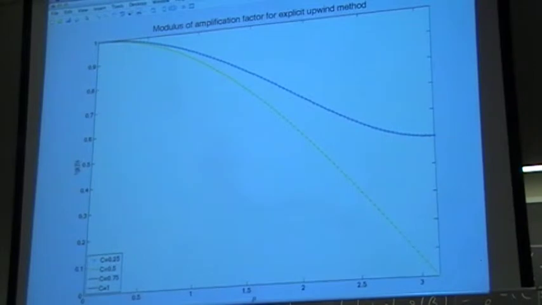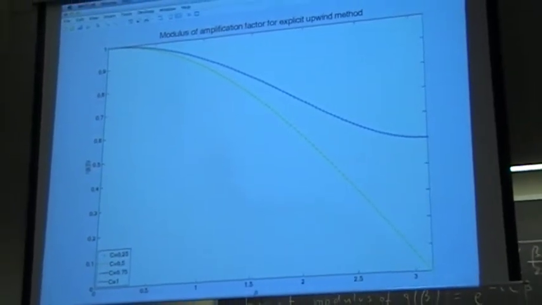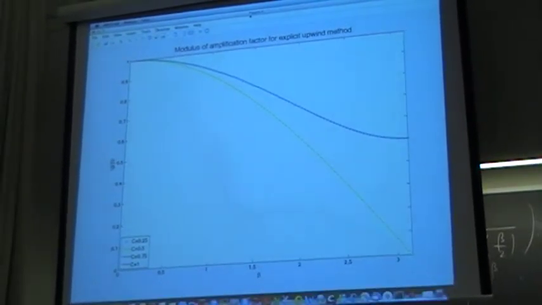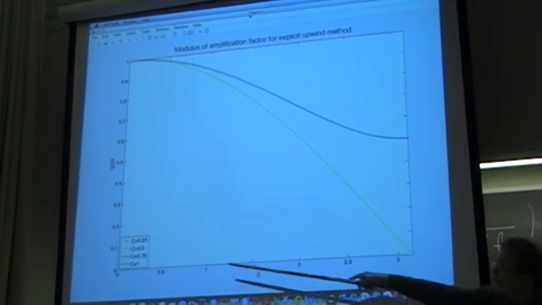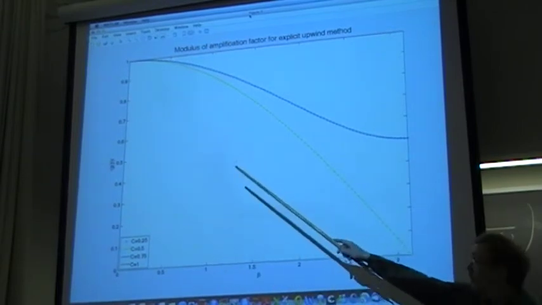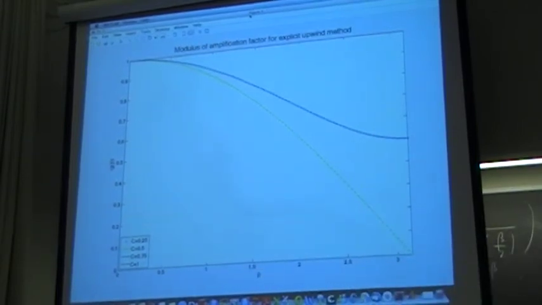These are the classical plots where we plot the non-dimensional wave number beta on the x-axis, and we plot the modulus of the amplification factor on the y-axis. Here we see the results for 4 current numbers, because this is clearly dependent on the current number.